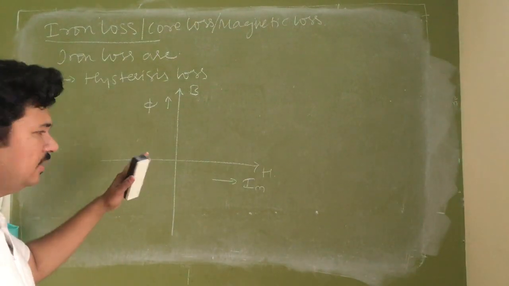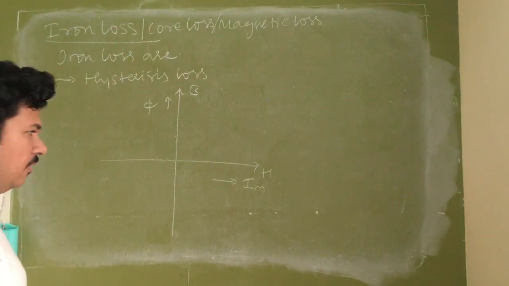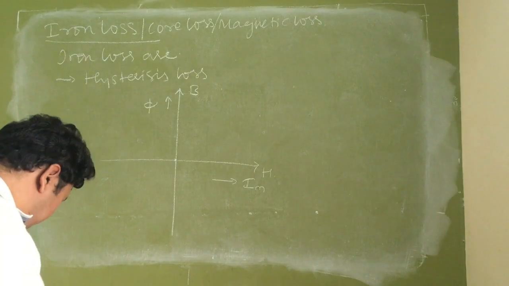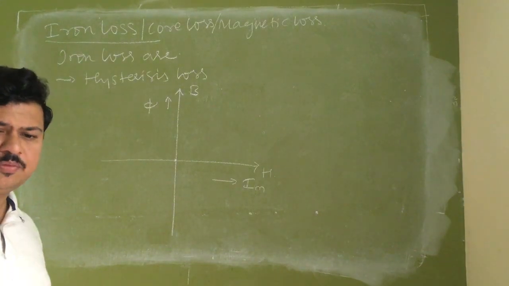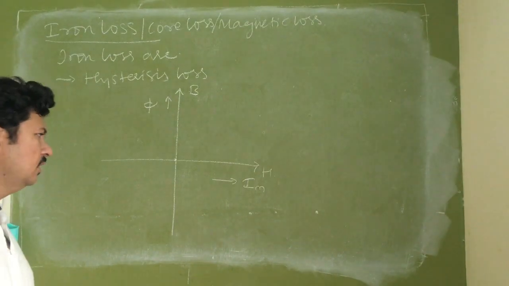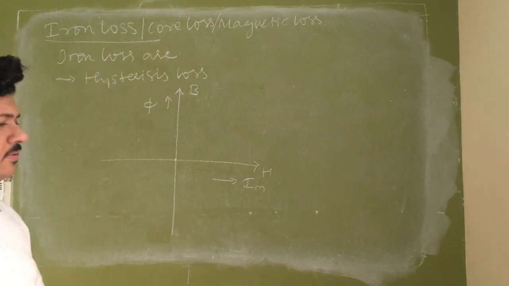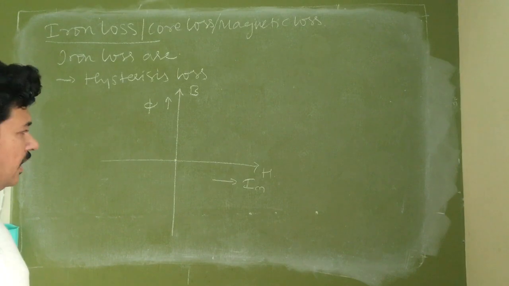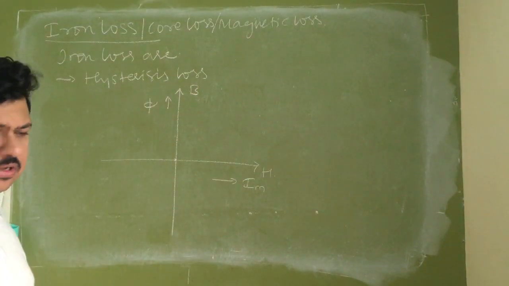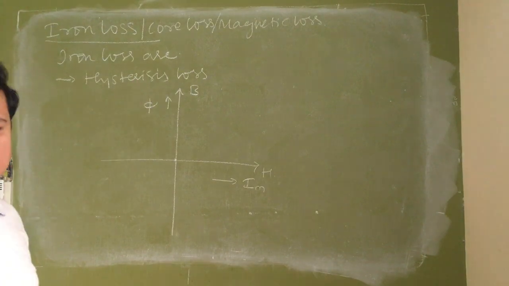This is the visualization to understand. We know electromagnetically that flux density is obtained only through the current in the coil, the ampere turns. So if I increase the magnetizing force, then my magnetic flux density will also increase.